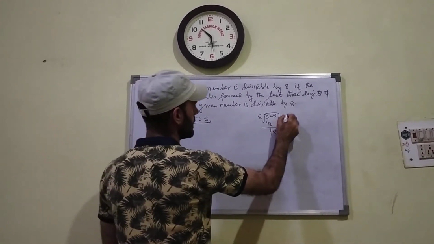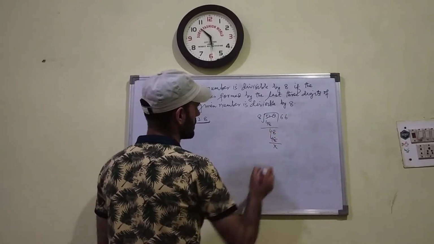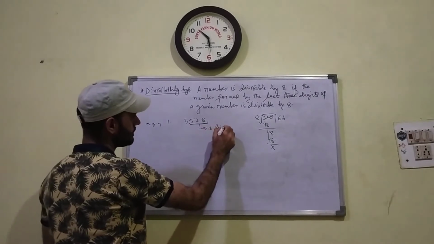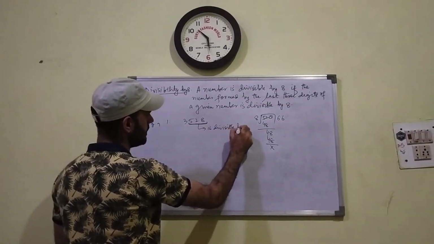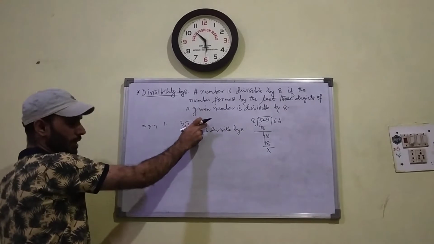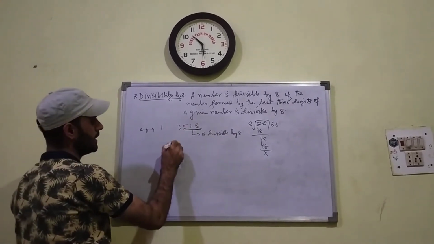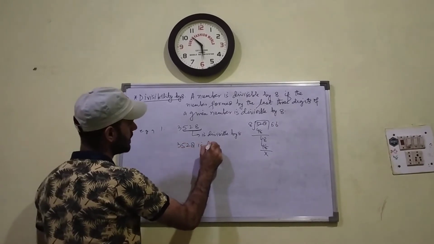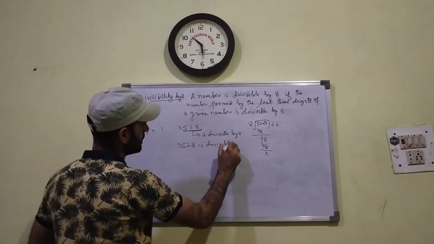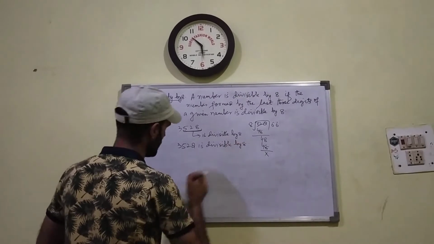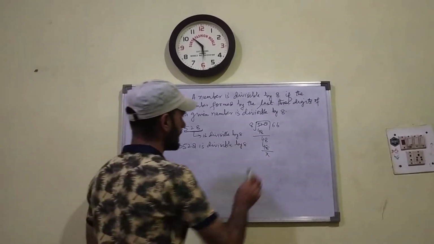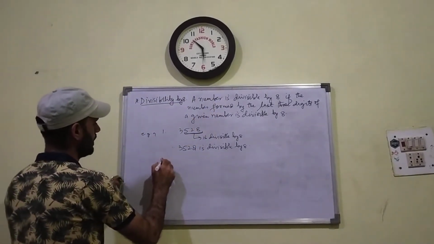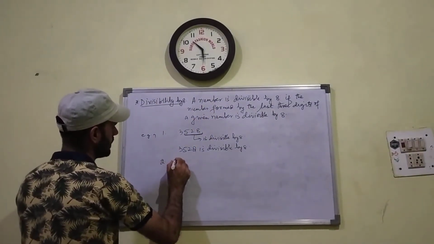8 6s are 48. It means that this 528 is divisible by 8. If 528 is divisible by 8, therefore we can say that 3528 is divisible by 8. Let's take another example. 3000.